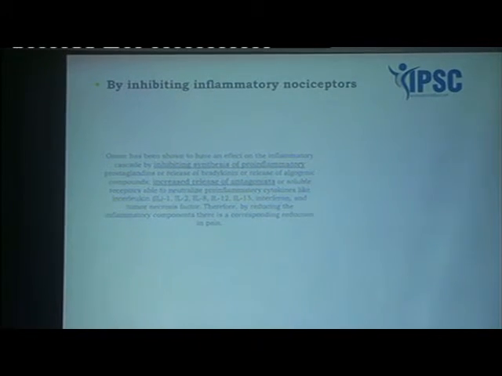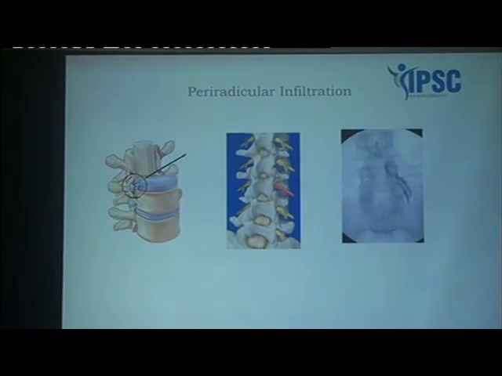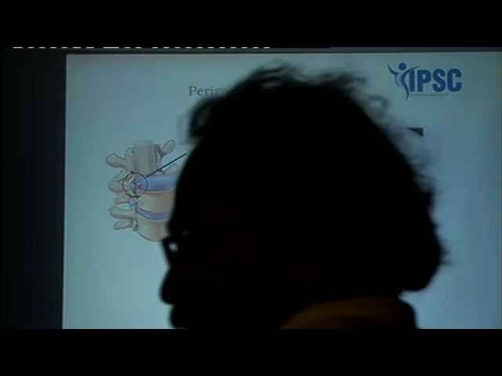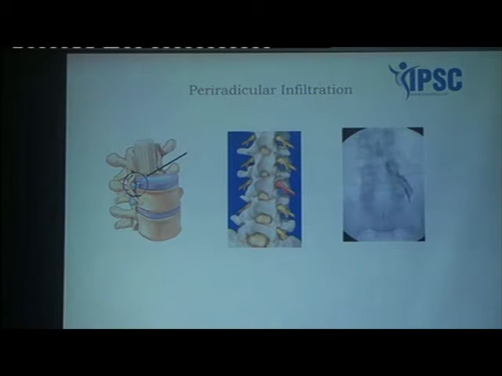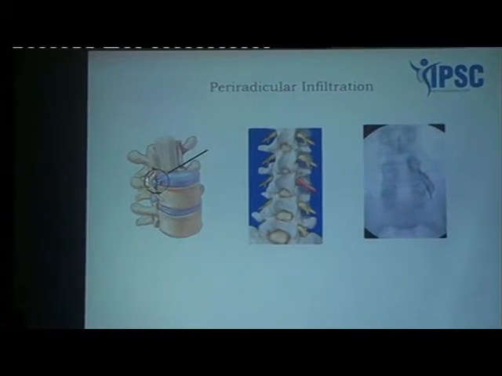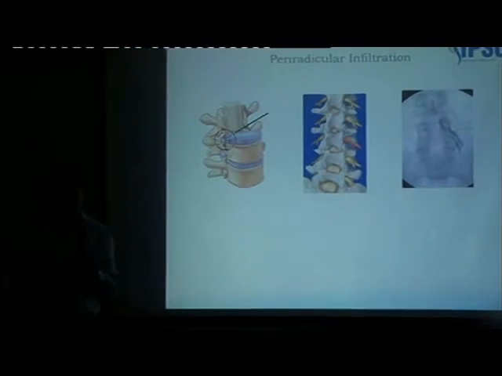Okay. So where is the role? Where can we use it? We have just understood the pathophysiology. We have various structures where we have inflammation in disc pathologies. Whenever there is an extrusion or sequestration of the disc, there is some inflammation around the nerve roots.